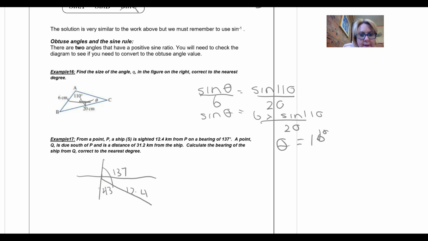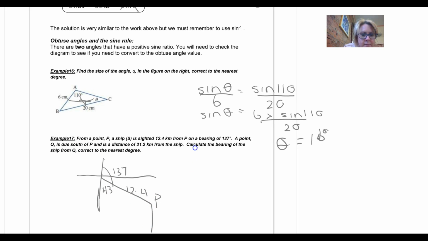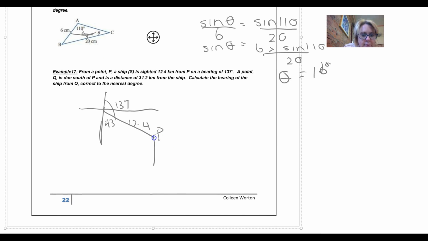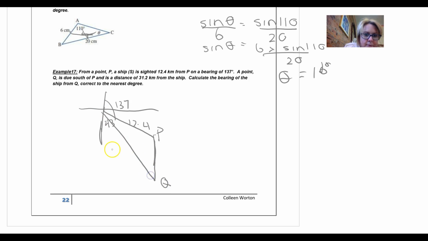And it says calculate a point Q is due south of P, and is 31.2 from the ship. Calculate the bearing of the ship from Q.